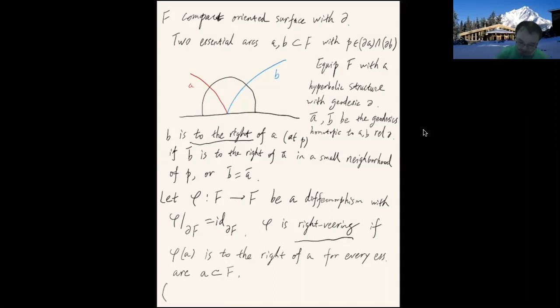I think this definition was introduced by Honda, Kazez, and Matić. They not only introduced this definition, but they also proved a very interesting theorem.